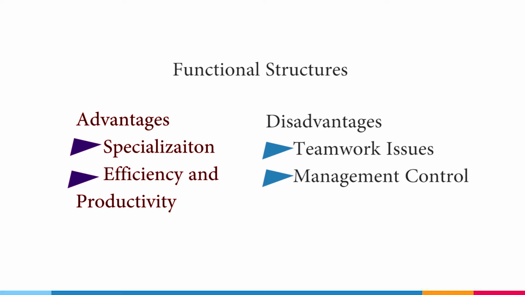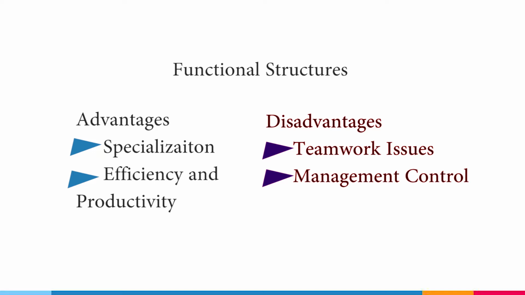Because of their expertise, workers with specialized skills can perform tasks quickly, efficiently, and with more confidence, reducing the occurrence of work-related mistakes. While specialized units within the functional structure often perform at a high level of efficiency, they may have difficulty working with other units.